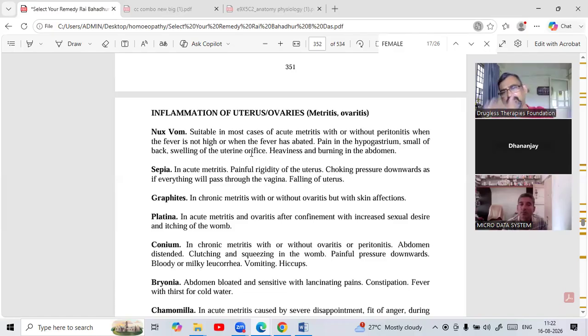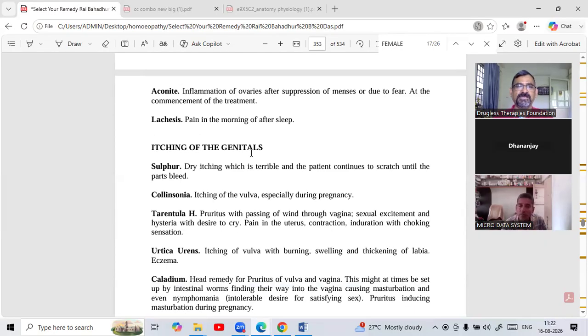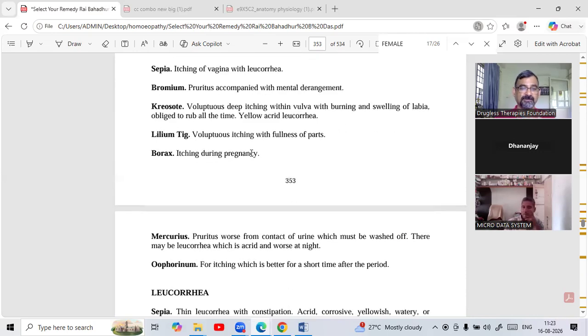By this hint, you go to the materia medica and try to match the other symptoms and give. Itching in the genitals is a common problem faced by all our female candidates. You can use sulphur, and one of the most important remedies, if it is along with the discharge, is creosotum, which we saw previously.